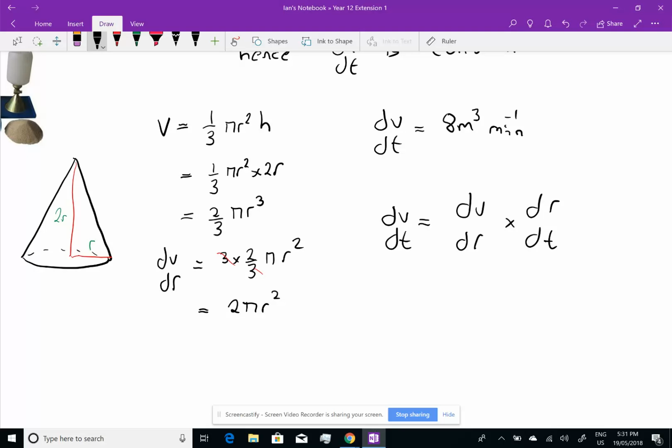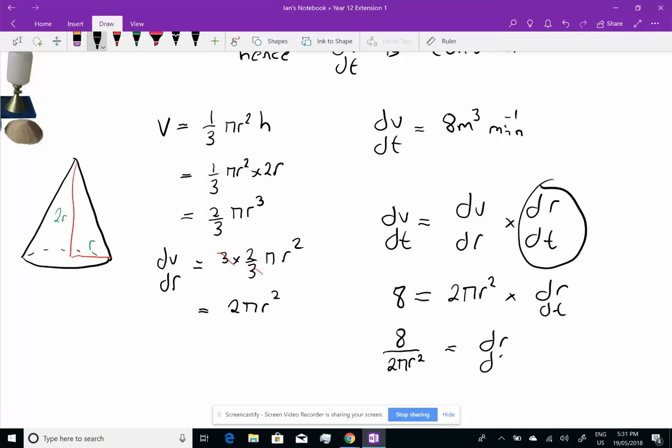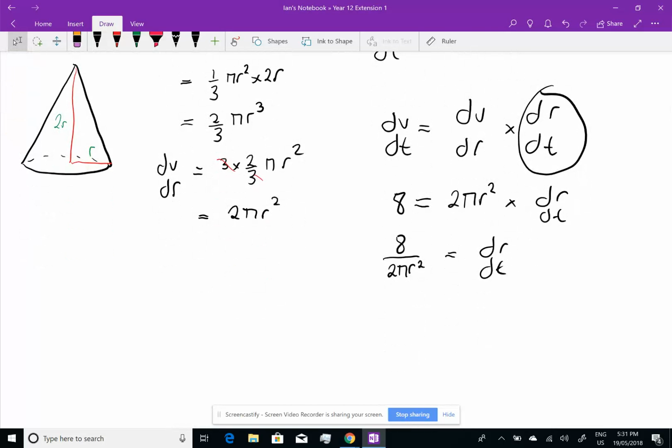So I'm going to find dr/dt by using the other two. So dV/dt is 8. dV/dr is 2 pi r squared. And that's what I'm trying to find, dr/dt. So I divide by 2 pi r squared, which means I get 8 on 2 pi r squared equals dr/dt, which is what I'm looking for, which gives me 4 on pi r squared. There's my dr/dt.